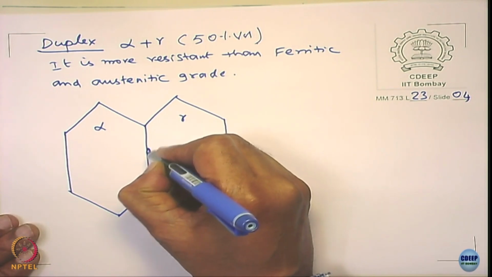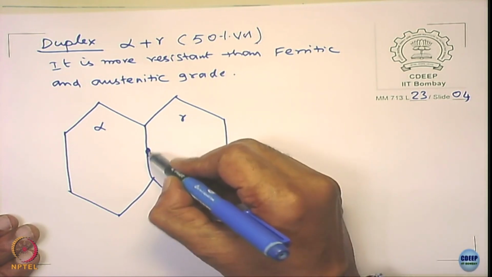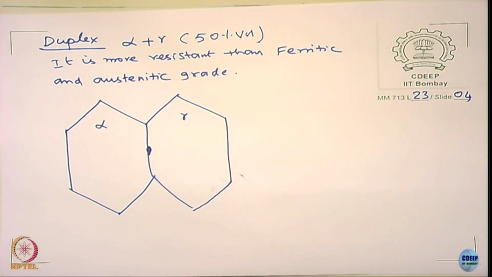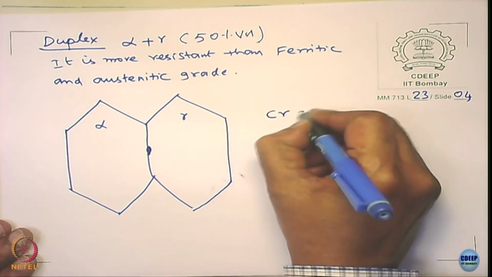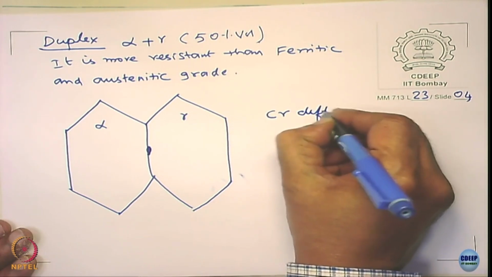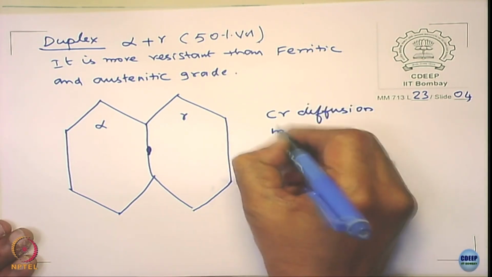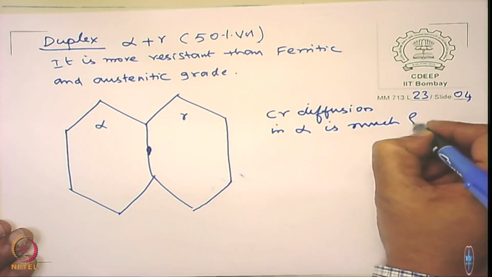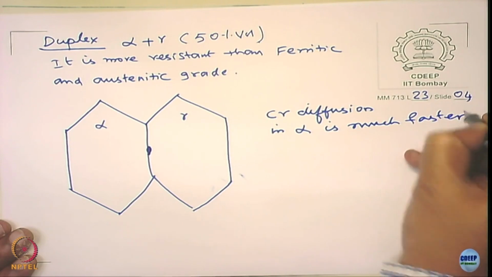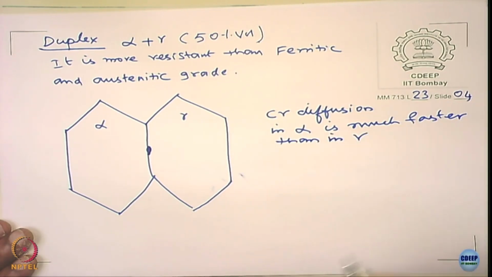I just take only one precipitate here, it occurs here. Very interesting thing happened. Chromium diffusion in alpha is much faster than in gamma.